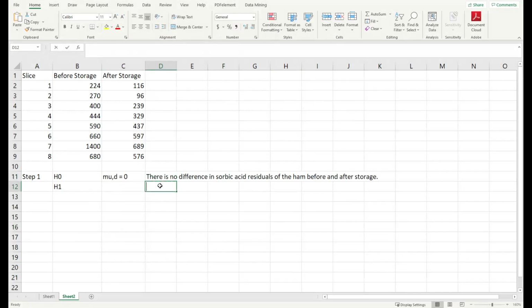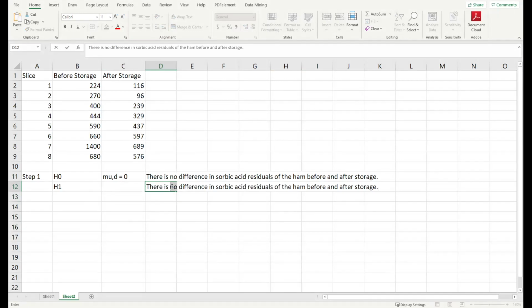Tapos, yung alternative natin is, ang i-assert natin is that there is a difference. And to be more accurate, pwedeng significant. Lagay natin ang word na significant.